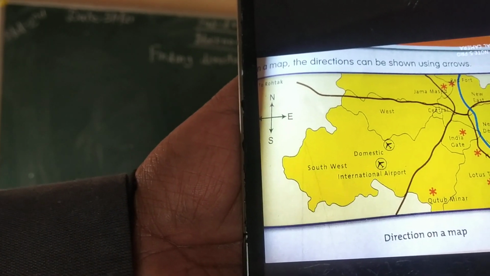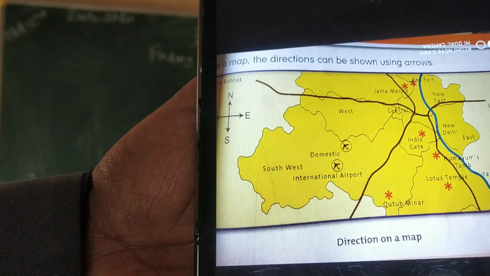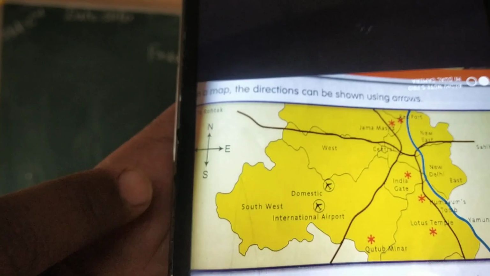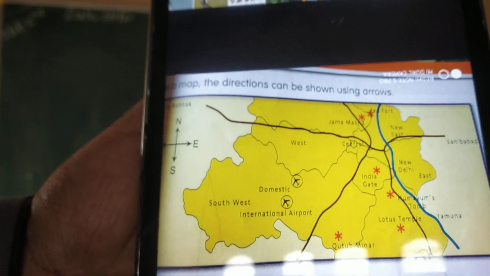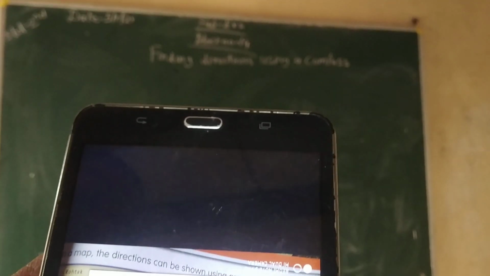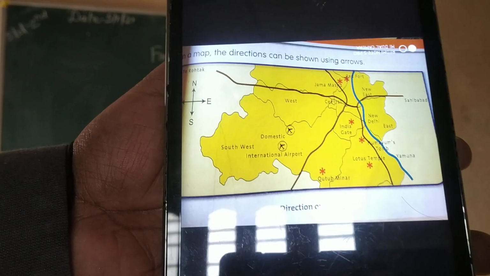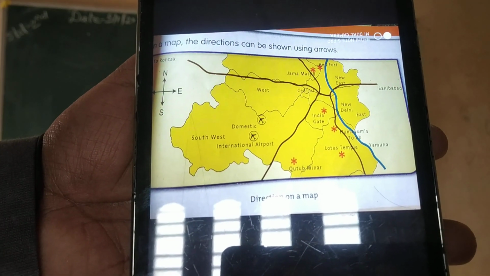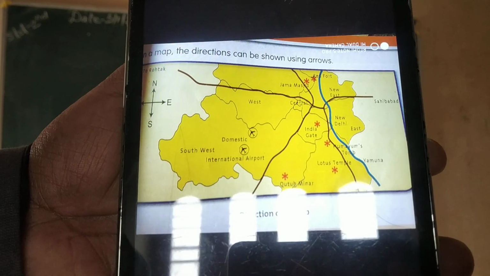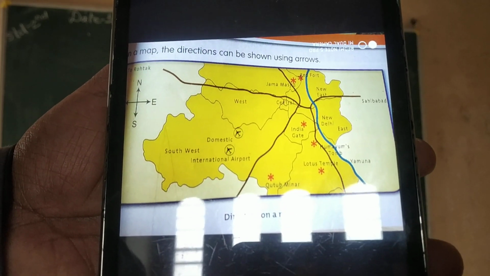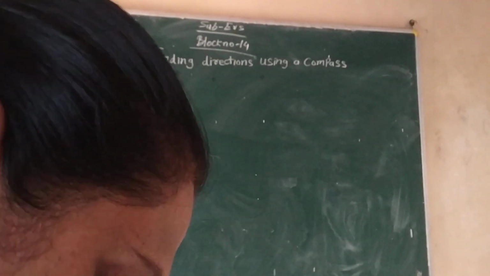On that map, the direction can be shown using an arrow. With the help of that arrow, we can find the directions. Understand, students? We can find the directions.